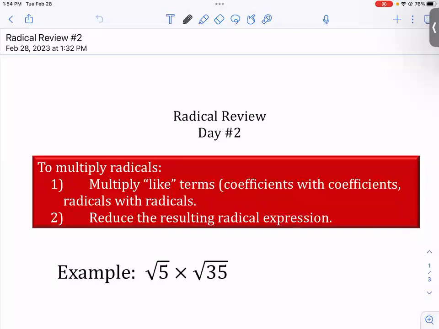When we are multiplying our radicals, numbers on the inside get multiplied, numbers on the outside get multiplied. Okay.